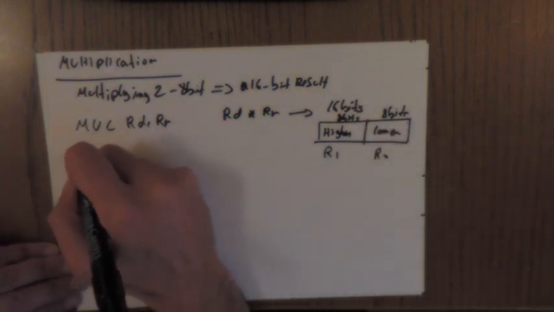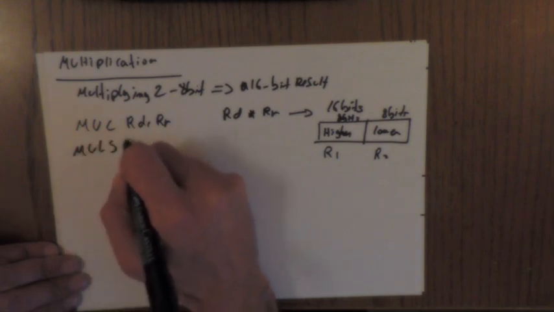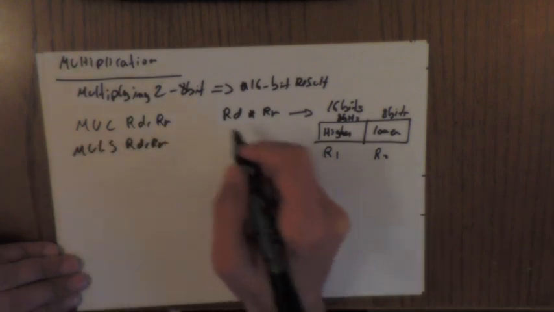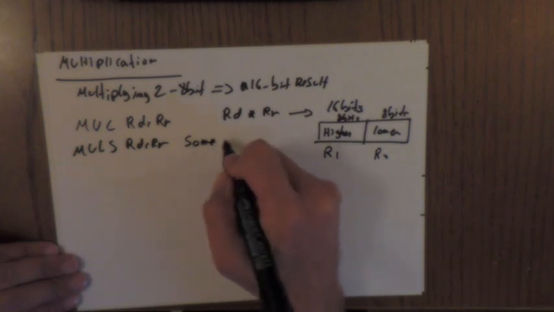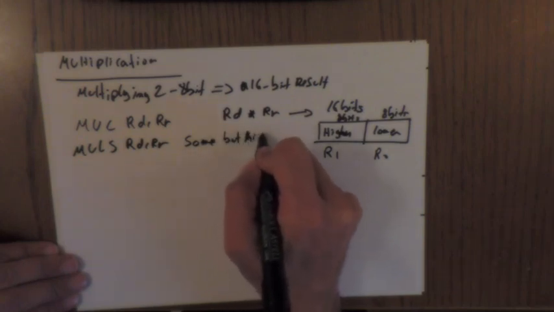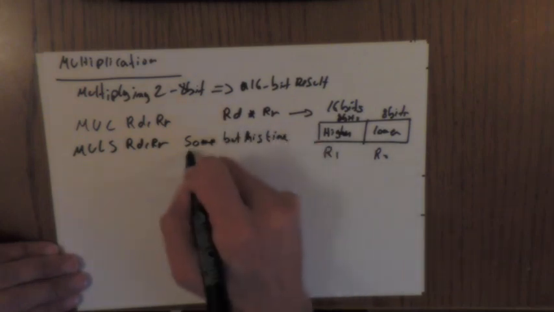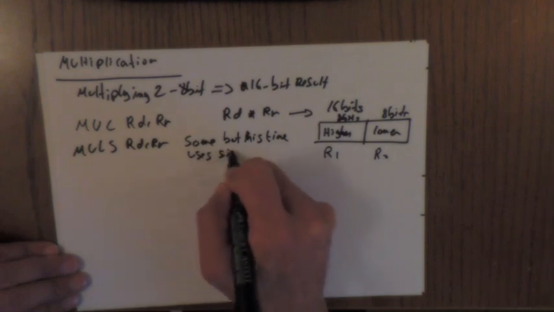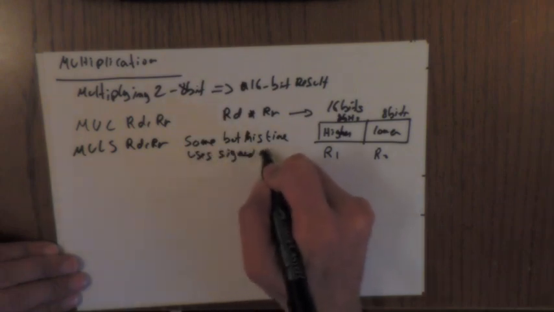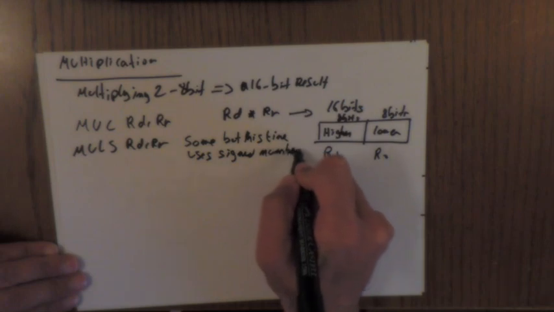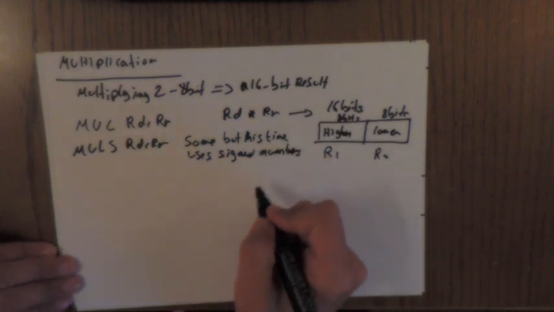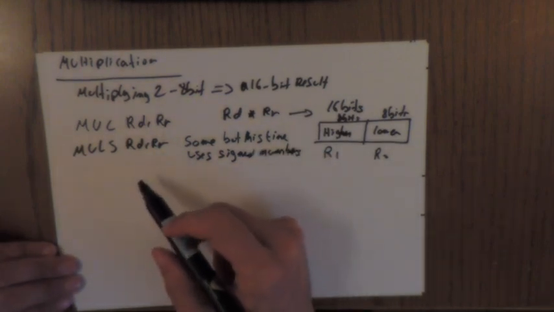Another instruction is multiply signed, MULS Rd, Rr. It does the same, but this time uses signed numbers. So if you have negative numbers, it takes care of the sign.